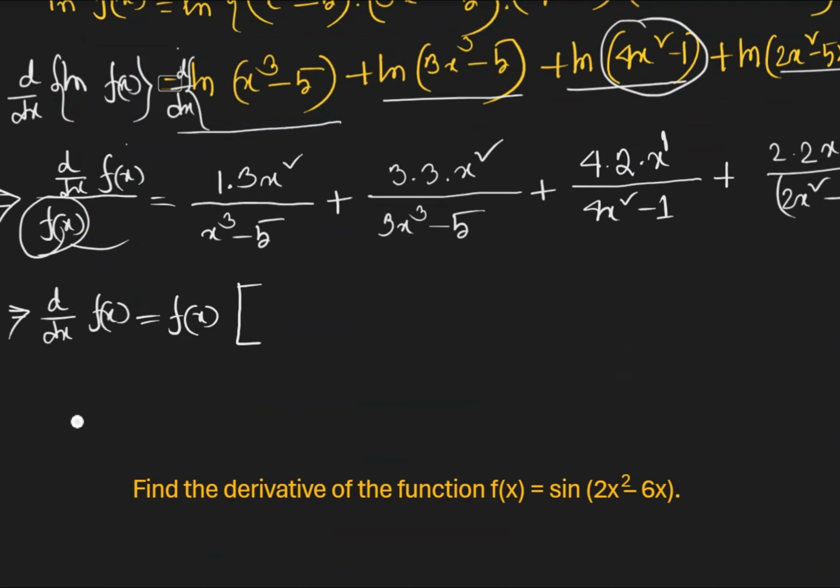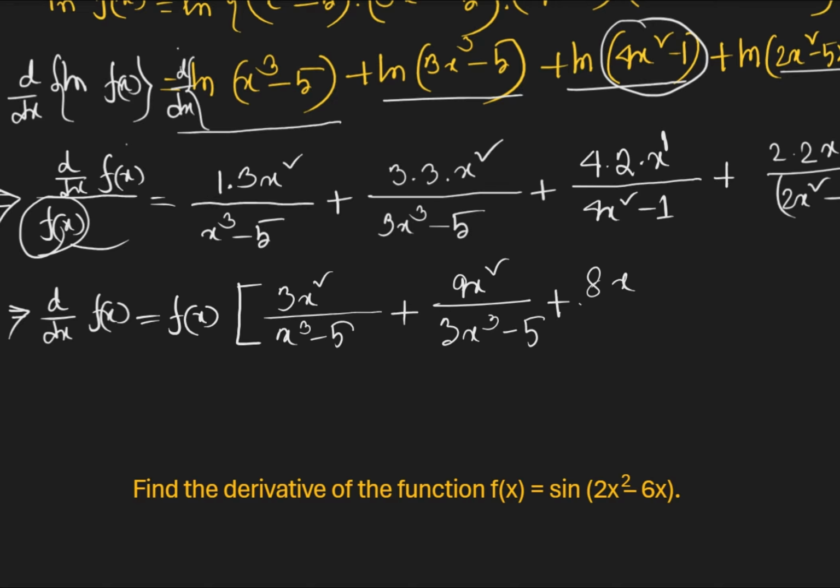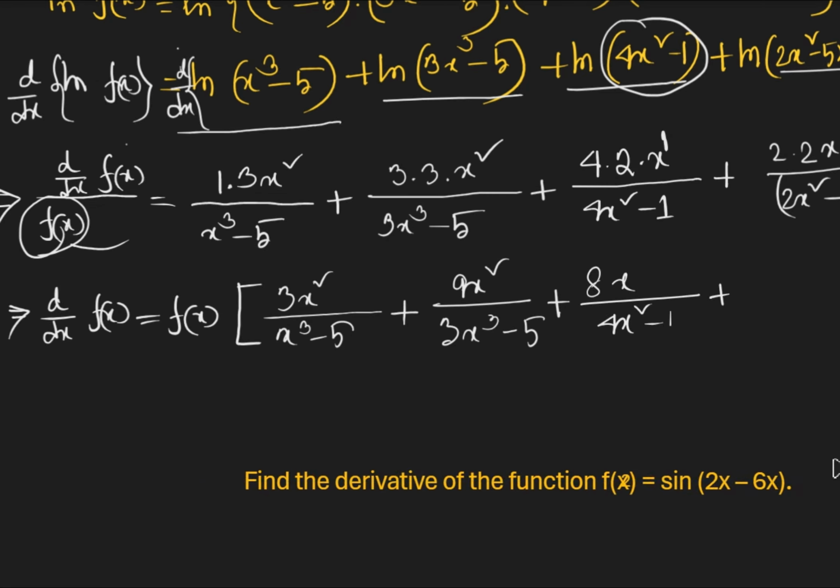Now here we can write 3x square over x cube minus 5 plus 9x square over 3x cube minus 5 plus 8x over 4x square minus 1.